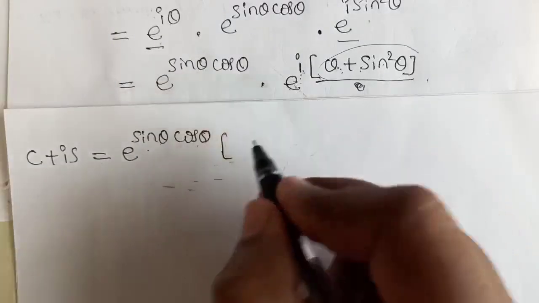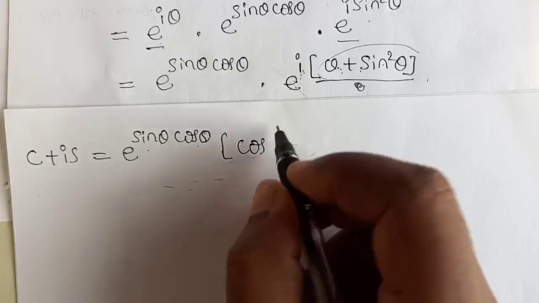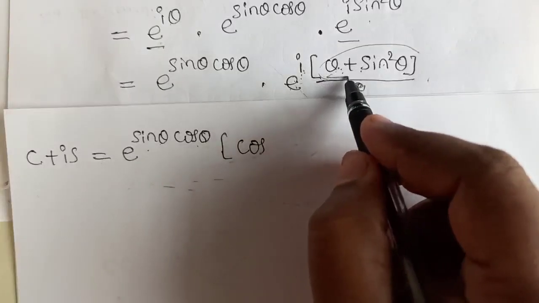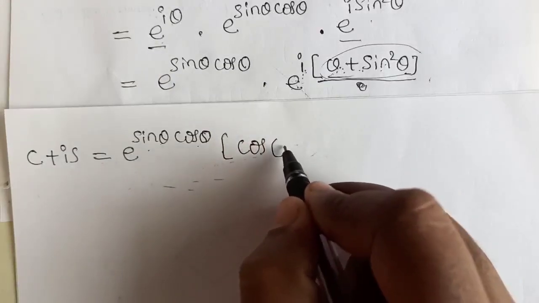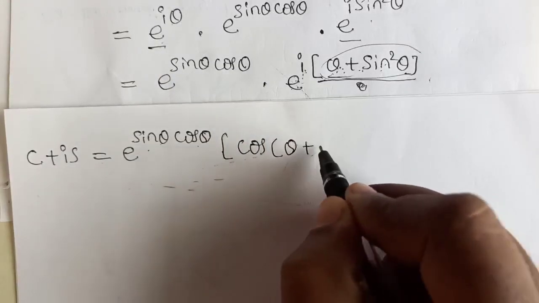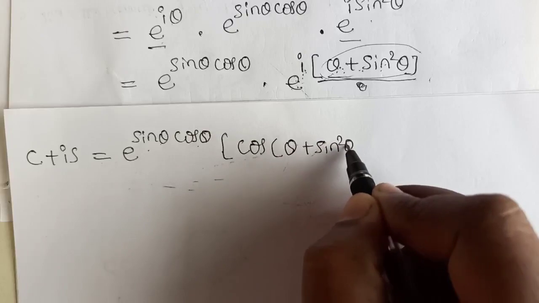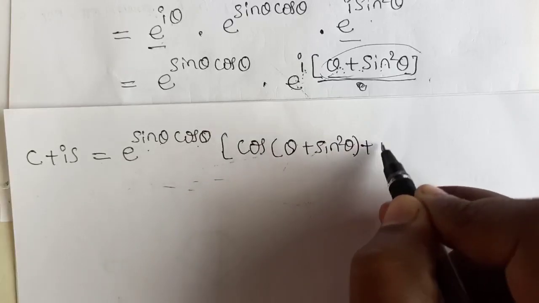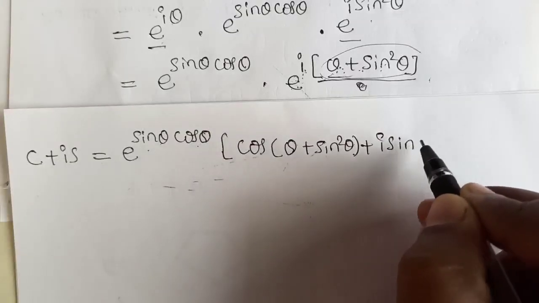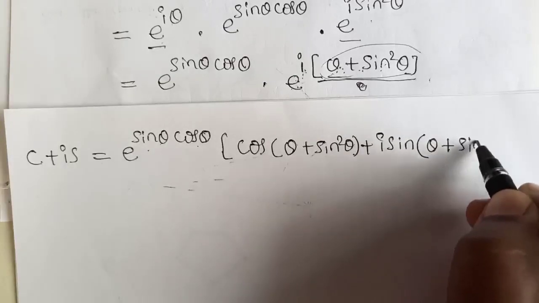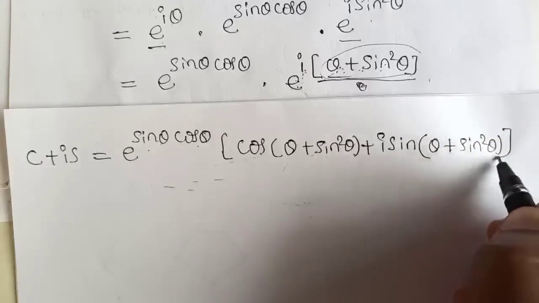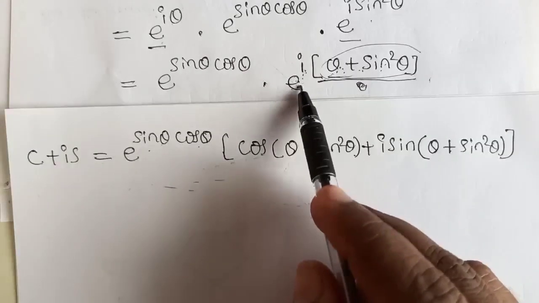So this can be written as cos of, in the place of theta we have this whole term, theta plus sin square theta, plus I sin of theta plus sin square theta. So this is the value of this one.